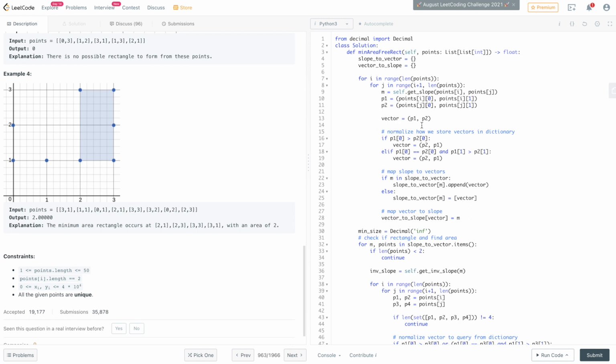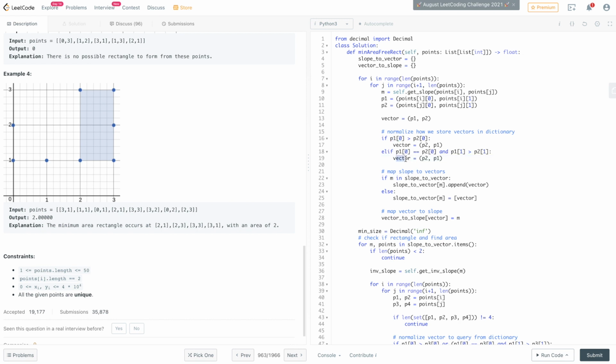Before we store the vector into the dictionary, what we need to do is normalize it so we can always query it afterwards. How I'm doing that is P1, the first point in the vector, is always the one with the smallest x value, and in a case where both x values are equal, we check that the first point also has the smallest y value.